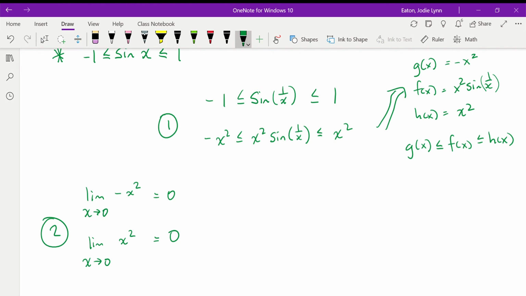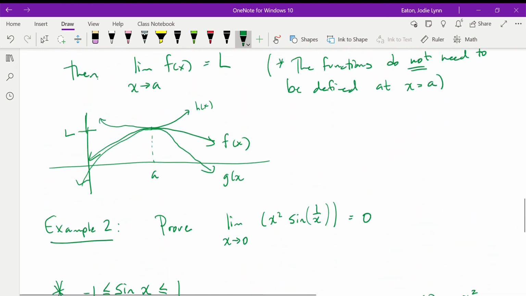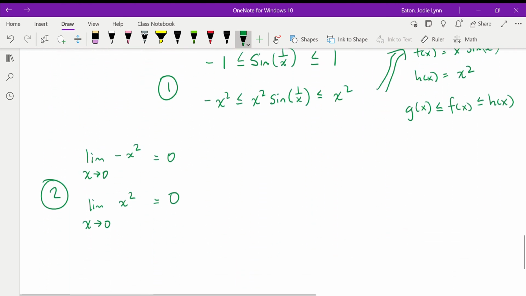So we have our functions lined up in a row, and the limits of both of the two functions on the outside are equal to the same thing. So now we don't have to show anything else. This is where the theorem comes in handy. If we've met the conditions for the theorem, we can just use the theorem.